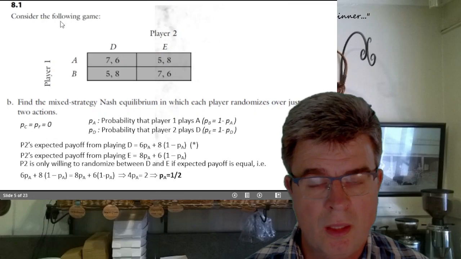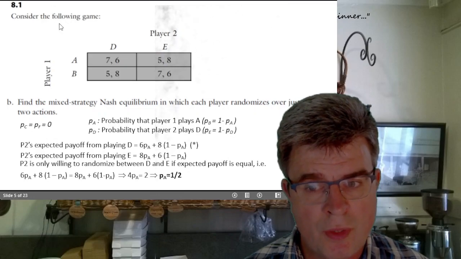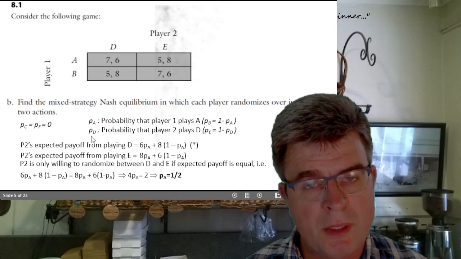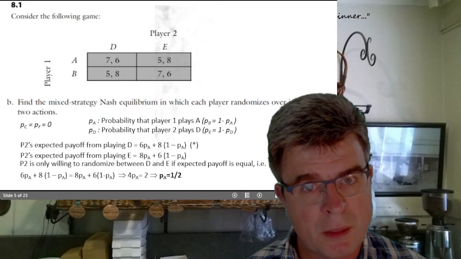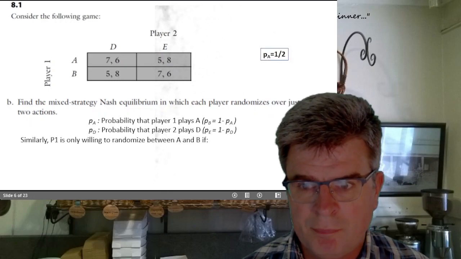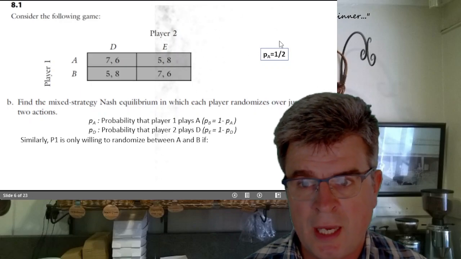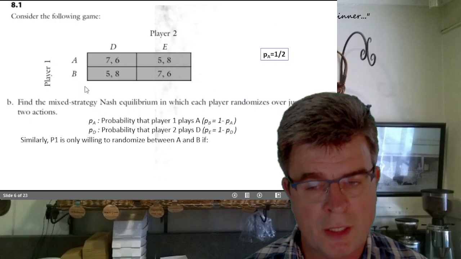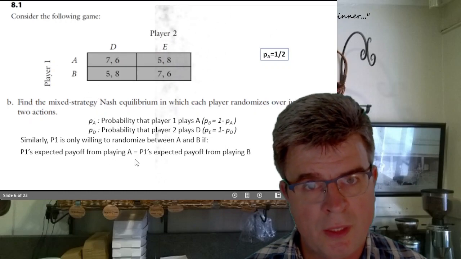Now we're halfway, and in order to find the probability PD with which player 2 mixes between D and E, we use the same procedure, but now we look at the expected payoff of player 1. Player 1 will only be willing to randomize between actions A and B in equilibrium if they deliver the same expected payoff. So this is the equation that needs to hold in equilibrium.